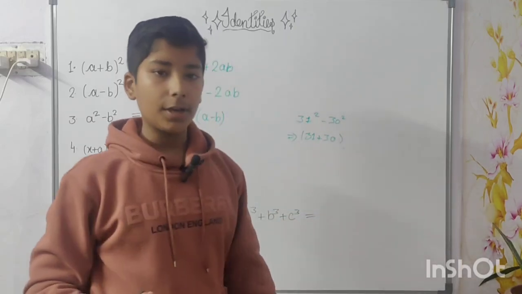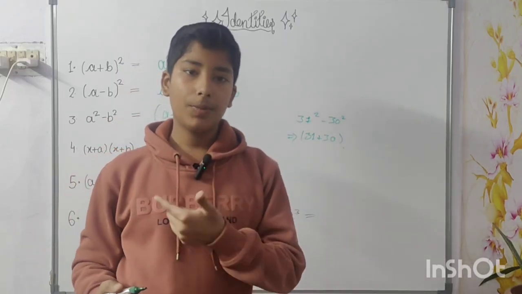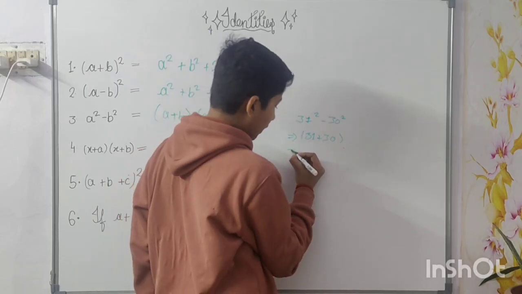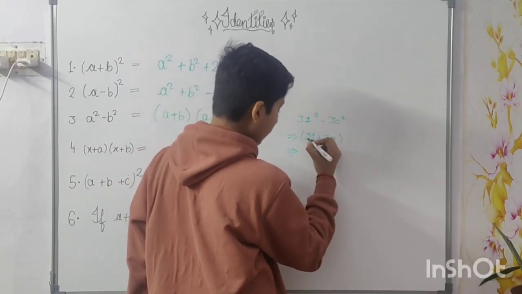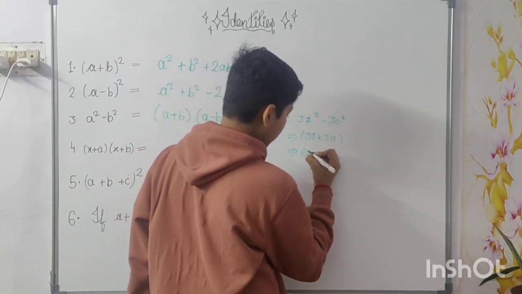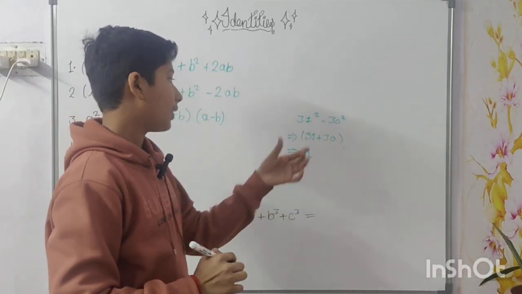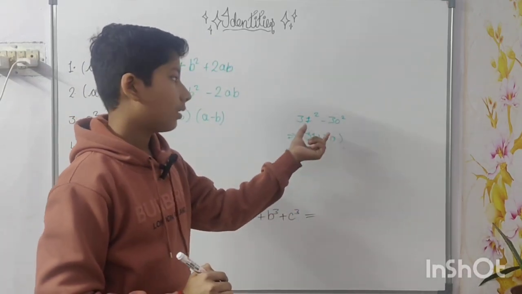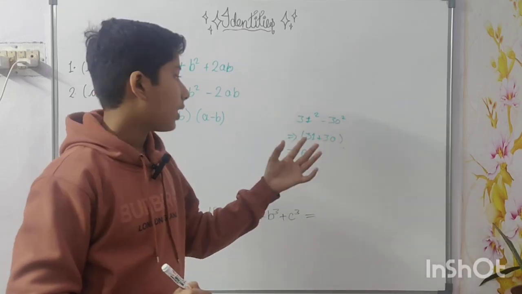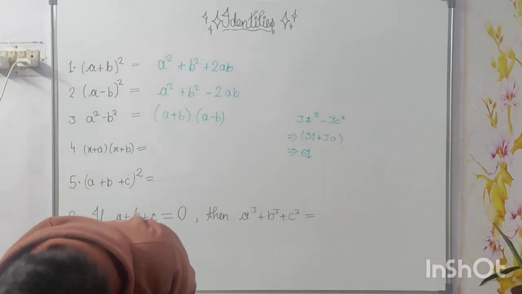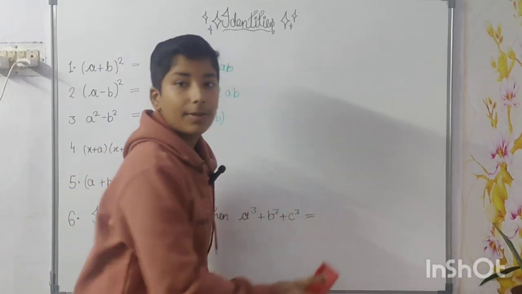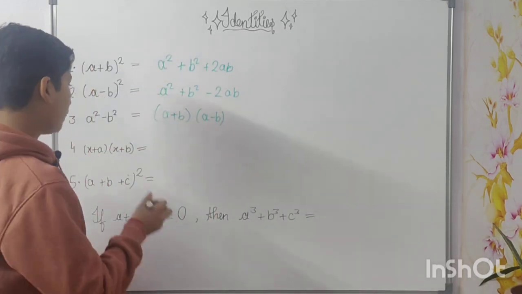No need to write it because anything into 1 will be itself. So 30 plus 31 is 61. Our answer is 61, instead of finding their squares and subtracting them, which will take a long time. That's why identities were invented.